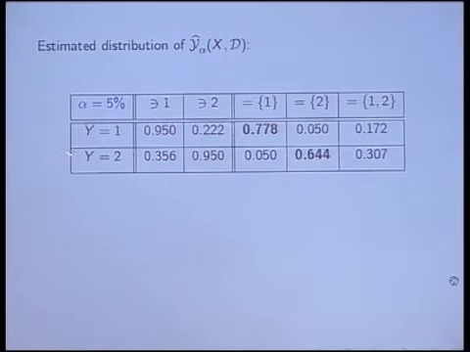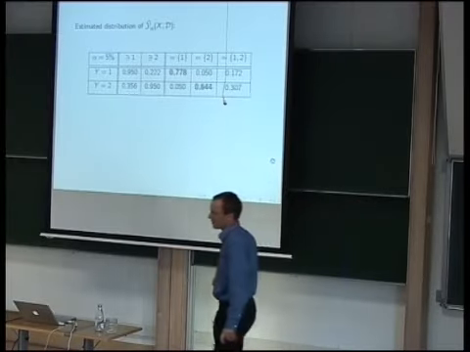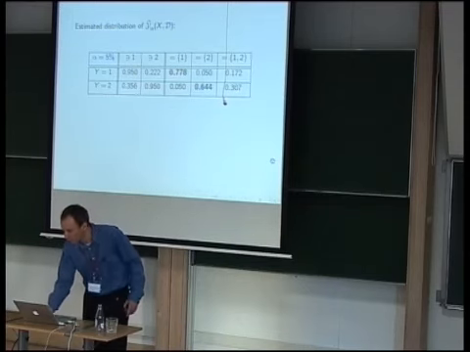The group of non-survivors was a little more difficult to handle, in the sense that you have only 64.4% unique classifications, and 30.7% cases where you have no clear decision.